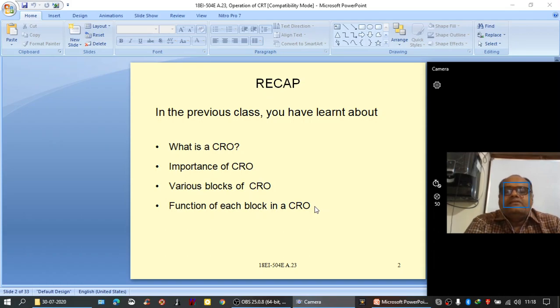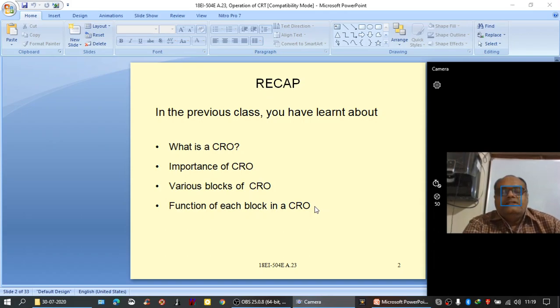CRO mainly consists of CRT, vertical amplifier, attenuator before the vertical amplifier, a delay line after the vertical amplifier, and a trigger switch to provide input to the trigger circuit either from vertical amplifier output or from external signal or from internal signal or from line signal.